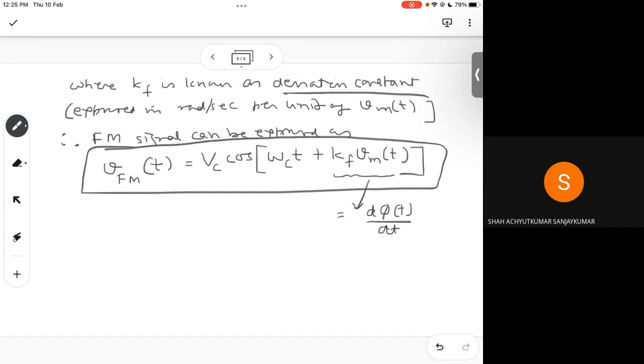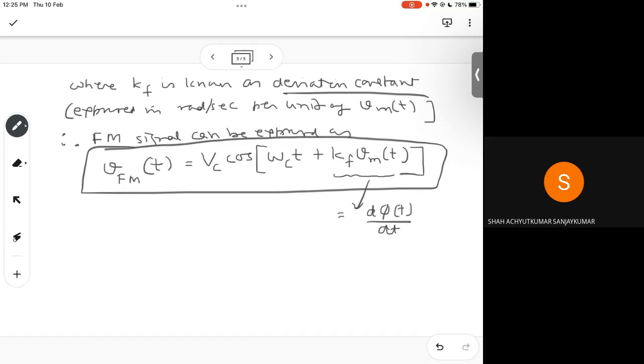So my amplitude remains the same, Vc. Here I'm not playing with the Vc term. Last time we changed the Vc part, but the other part remained the same. Now I'm playing with the angle part. In frequency modulation, my carrier frequency is now changed in accordance with the master signal, vm(t). So there is a deviation constant which we define as kf, with dφ(t)/dt.